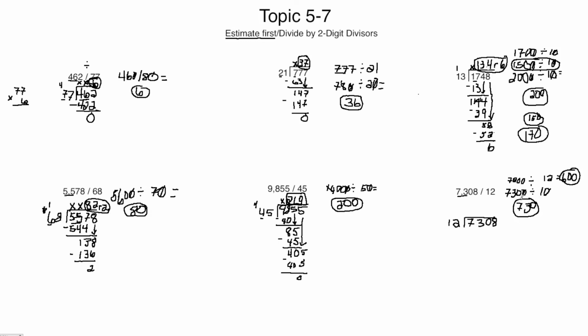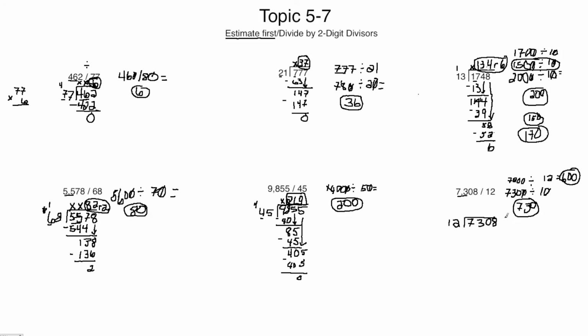Now notice the difference from dropping 12 to 10, and all we did was go from 8 to 0, and look at our estimated quotient, and not doing anything to 12, going down to 7,200, and our difference in just our estimation is almost 130.